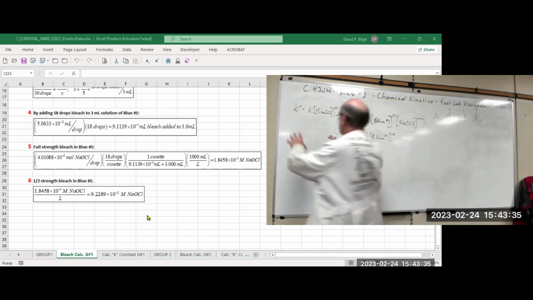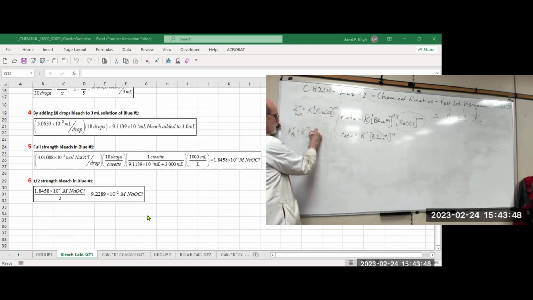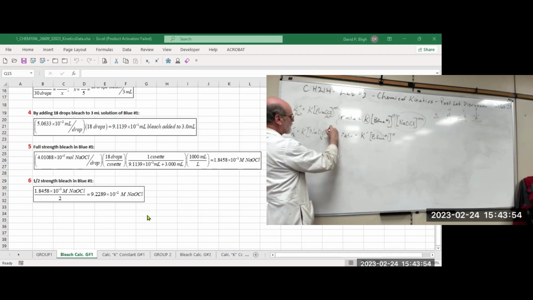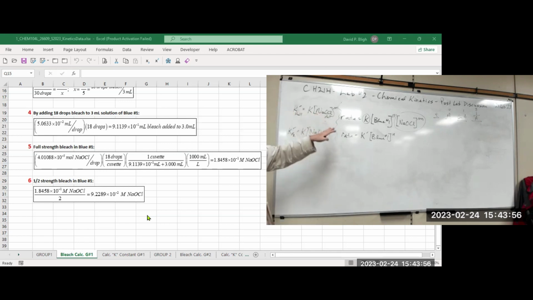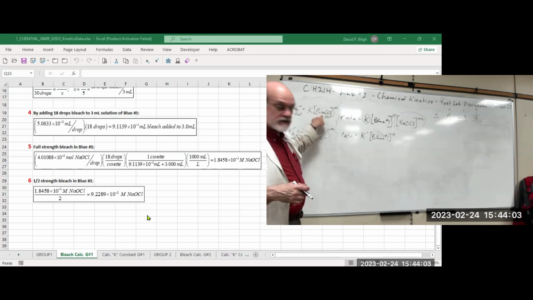We'll have a K prime for the full strength, and a K prime for the half strength. That's still equal to K, only now the concentration, this is full strength, this is half strength. But the order is the same, right? So you've got those two expressions, and we've calculated the concentration of these two.